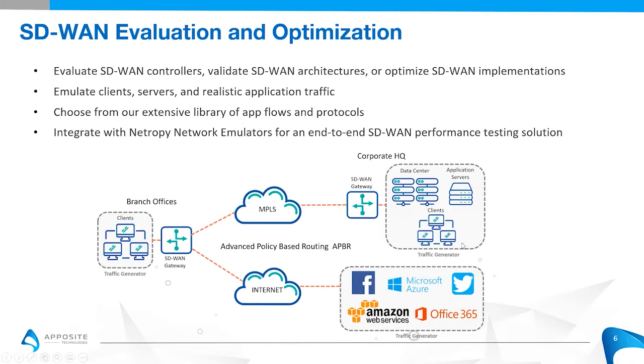So you can test this entire scenario in your lab to verify that it's going to work correctly. And not only can we emulate one branch office, we could actually emulate multiple branch offices and multiple corporate headquarters and multiple cloud services.